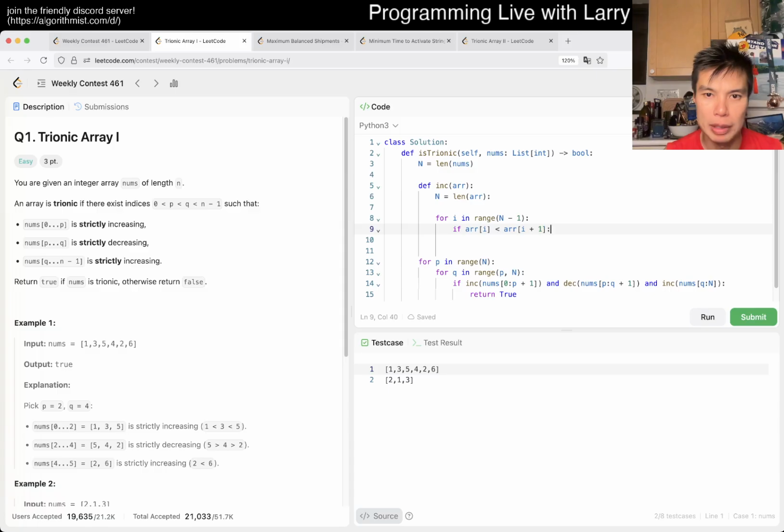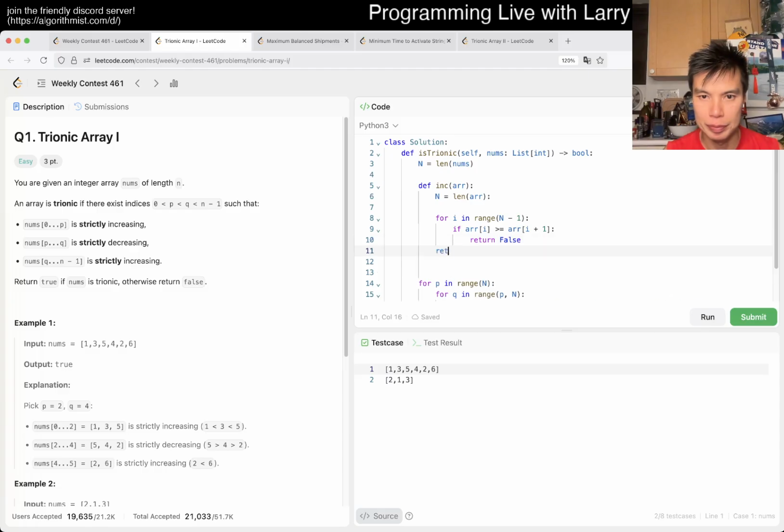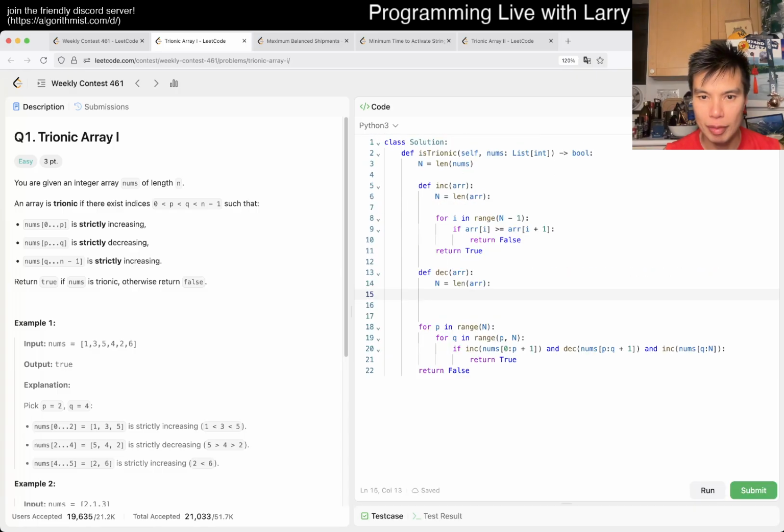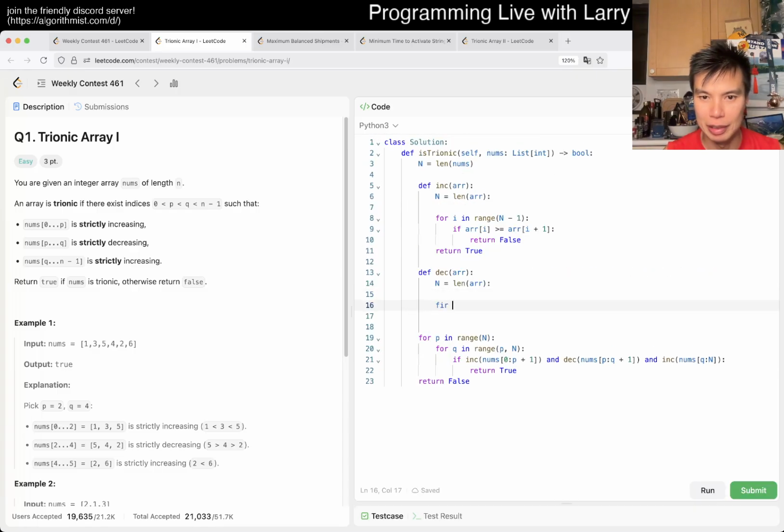Is that right? No, and it's increasing, so that's right, but we want the opposite, right? I don't know, probably a clever way of doing it, like you could do the negative or whatever, but I don't know. This is probably also quick.